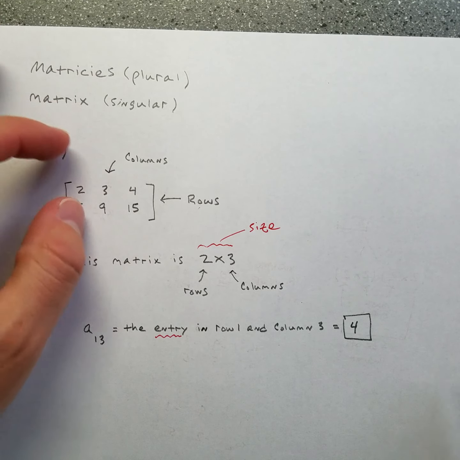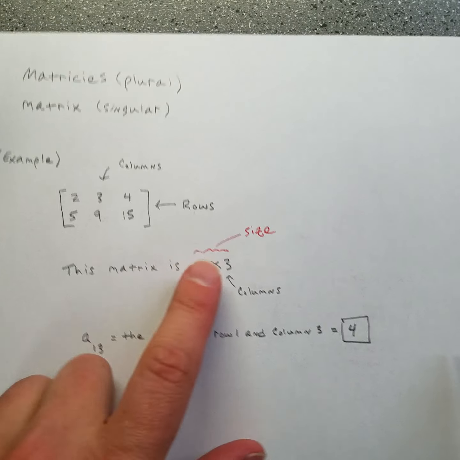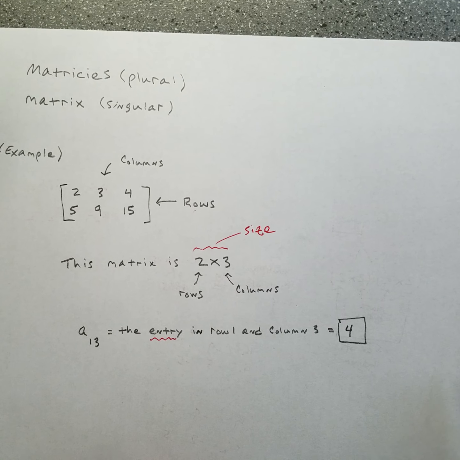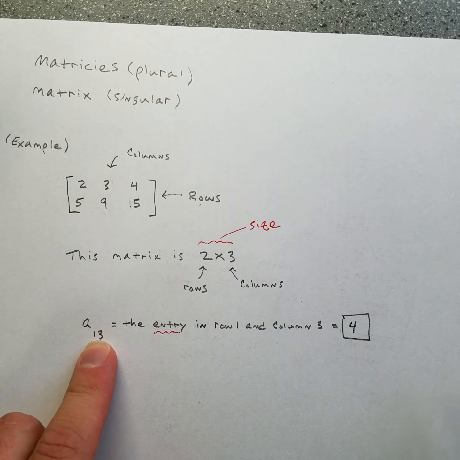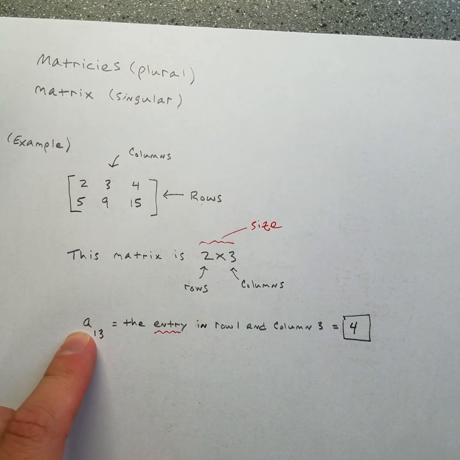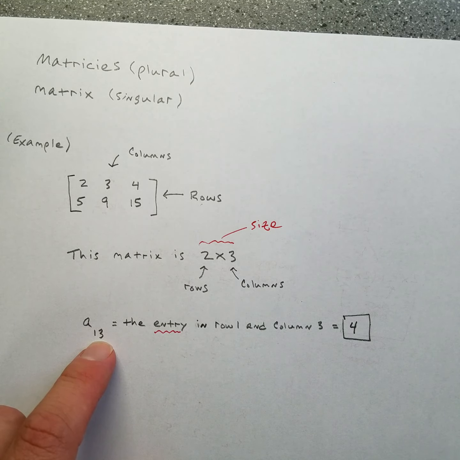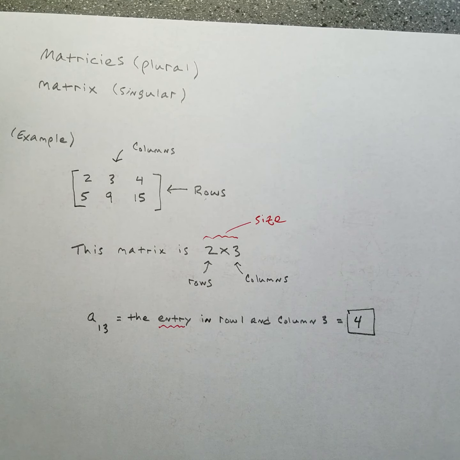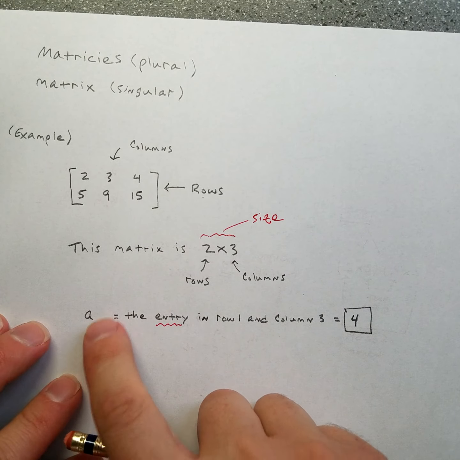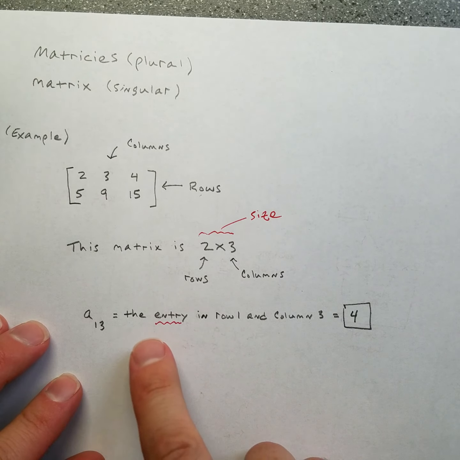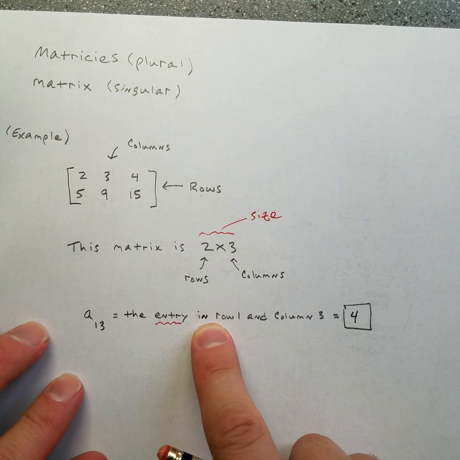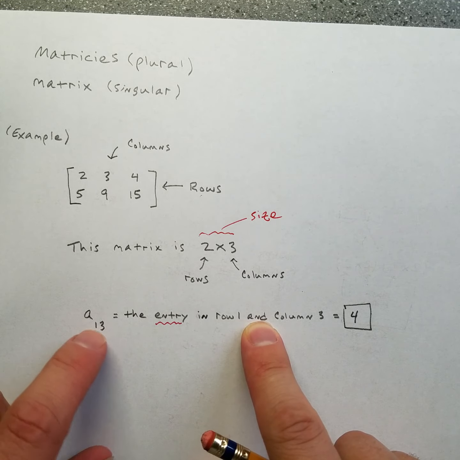So we might be given a matrix, and then we'll say its size sometimes, and then we might say something like this. Here's how you read this: A subscript 1, 3. The A is just a variable or an unknown. We're looking for a specific number, and that number is the entry in row 1 and column 3.